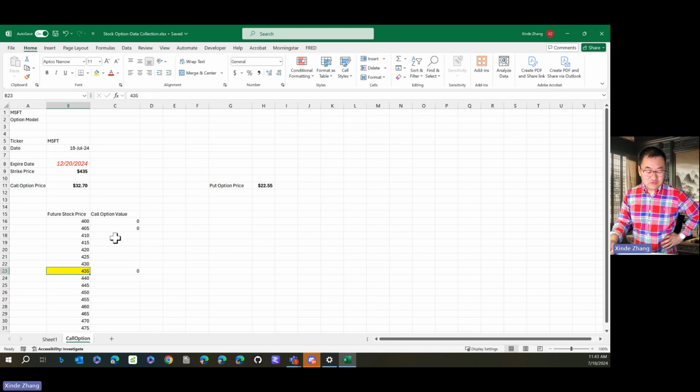We bought it for 435, sold it for 440, so we make $5 of profit. That's the option value at the expiration date.